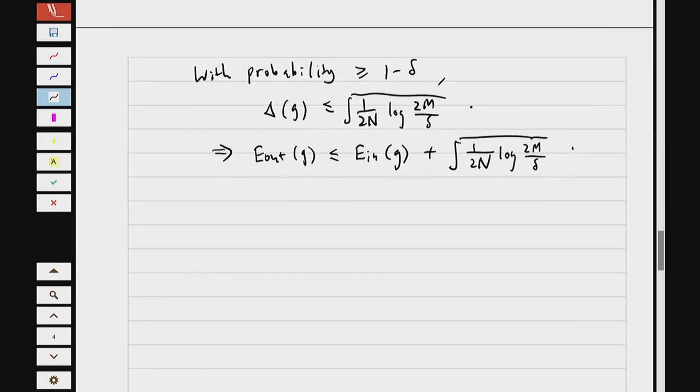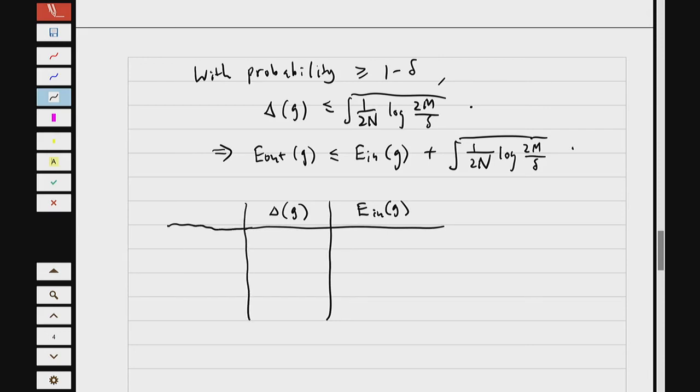Those two terms. So we can have delta G on one side, and then we have E in on the other. Like that. And let's have one more column: impact of N and M on these two. Suppose let's look at N. Suppose we have a larger and larger data set. Big data, very big N, what happens?